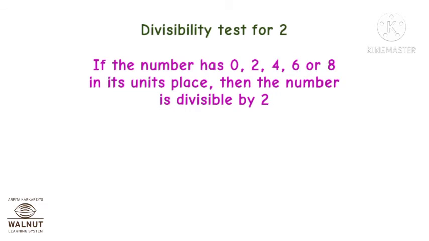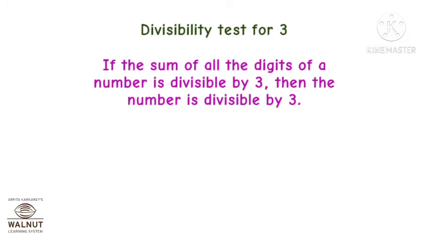Divisibility test for 2. If the number has 0, 2, 4, 6 or 8 in its units place, then the number is divisible by 2. Divisibility test for 3. If the sum of all the digits of a number is divisible by 3, then the number is divisible by 3.